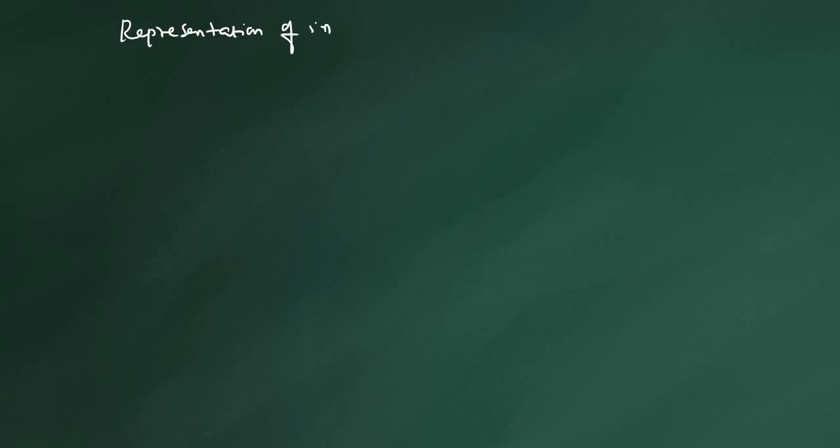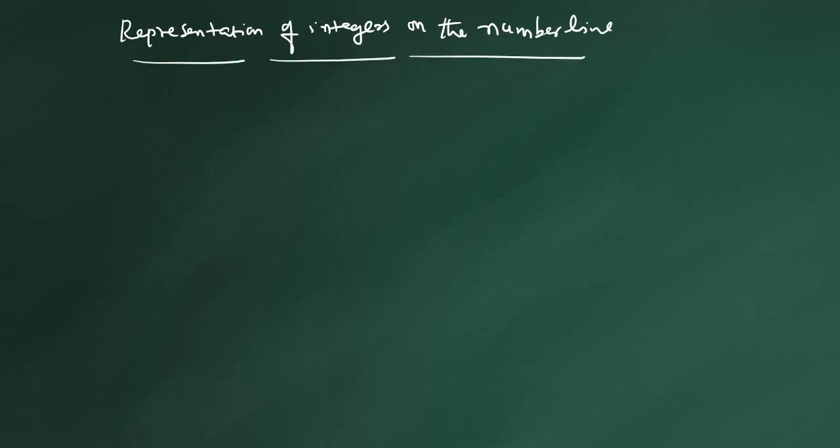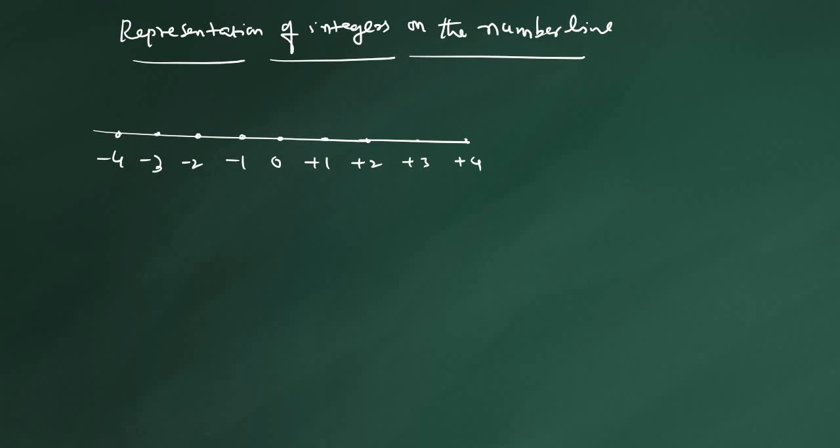When you observe a number line like this, with numbers like -4, -3, -2, -1, 0, +1, +2, +3, +4, a line on which numbers are represented is called a number line. So some integers are represented on the number line like this.